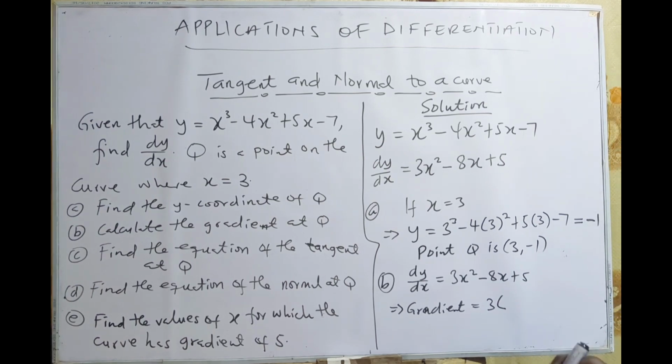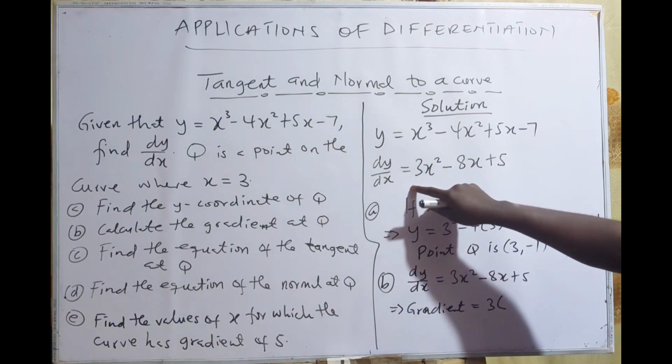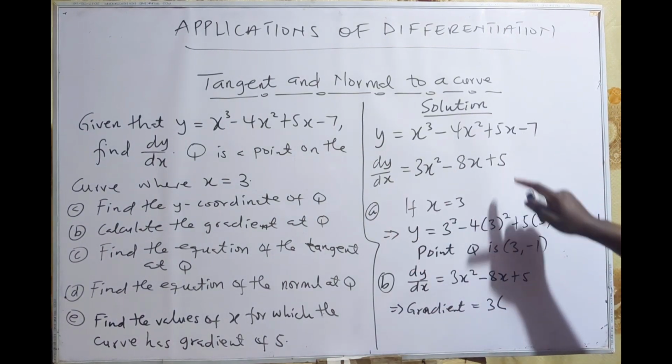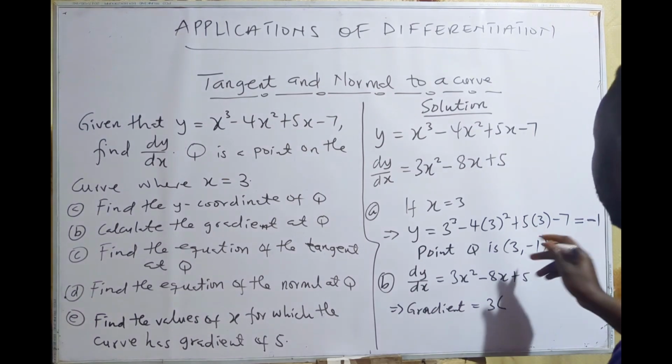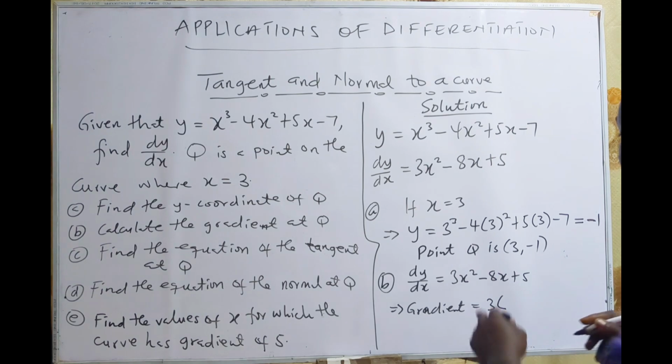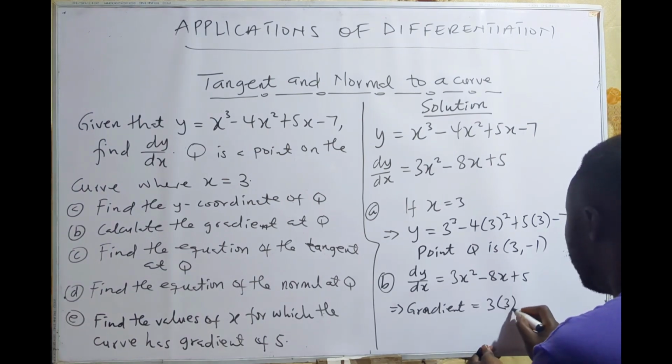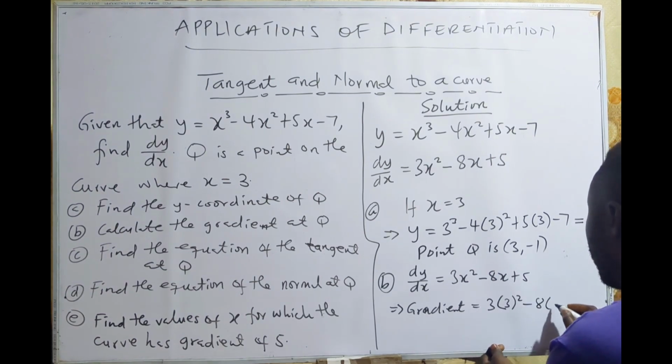The gradient function involves only x. There is no y. So we substitute the x coordinate, which is 3. So 3 times 3 squared minus 8 times 3 plus 5.